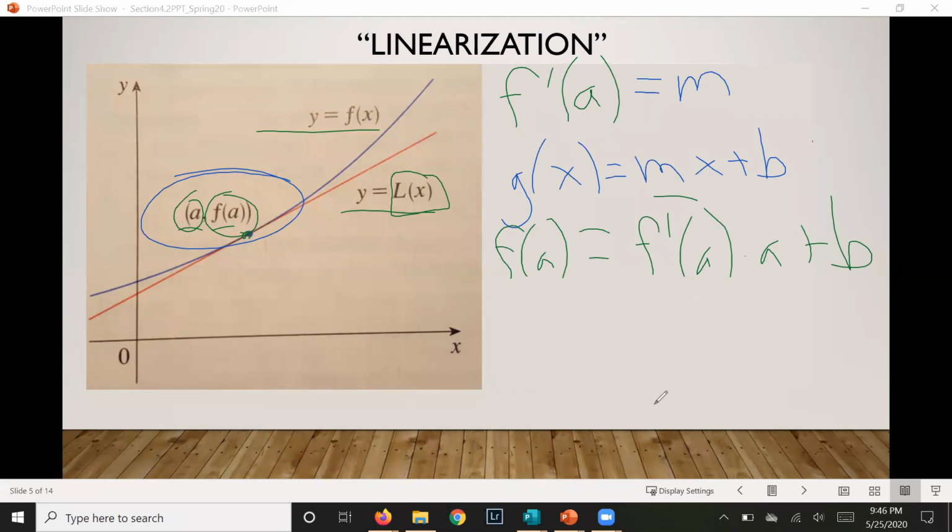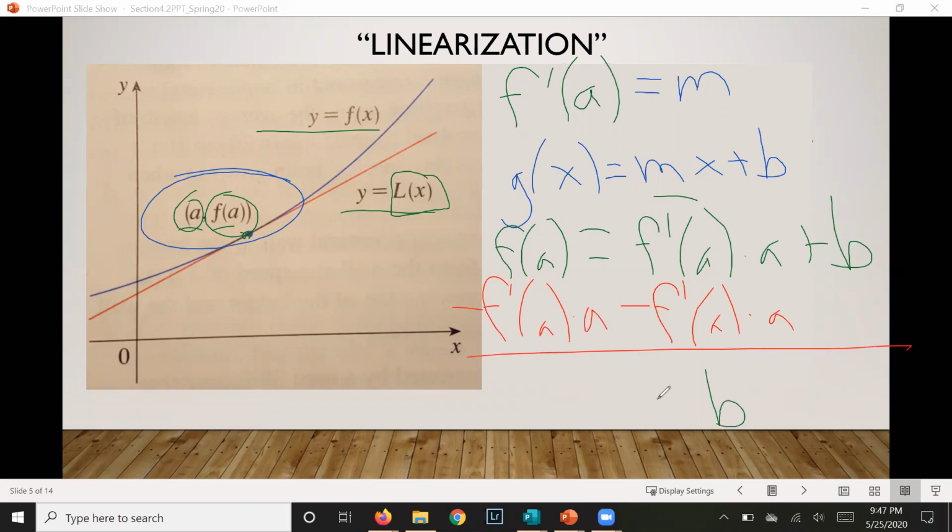You can subtract f prime of a times a on both sides. And so when we do that, we'll end up with b equals f of a minus f prime of a times a.